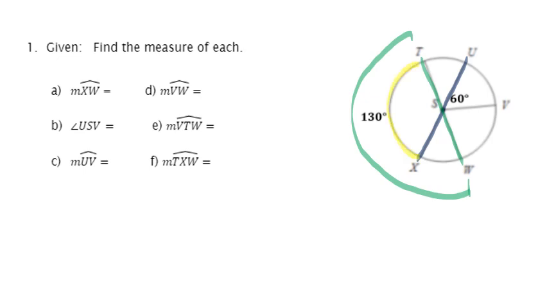If I subtract, I would have 180 minus 130. So we get that to be 50 degrees. We also know that we have vertical angles because these diameters actually made vertical angles. So we have another 50 degrees.